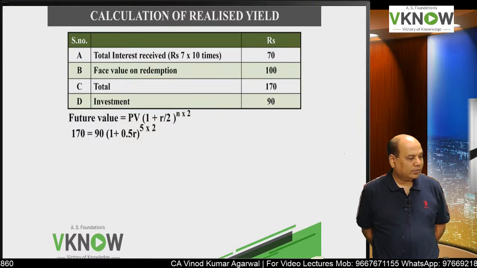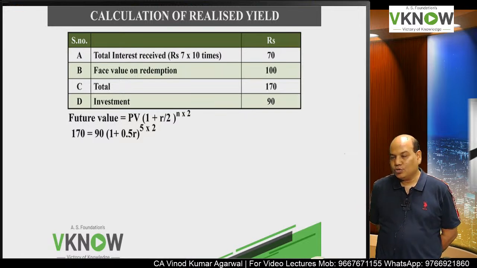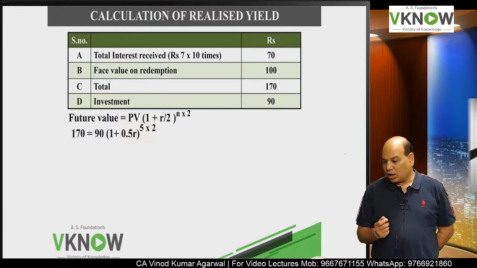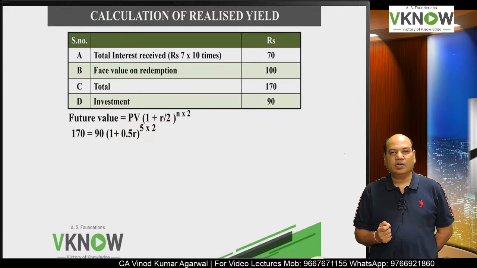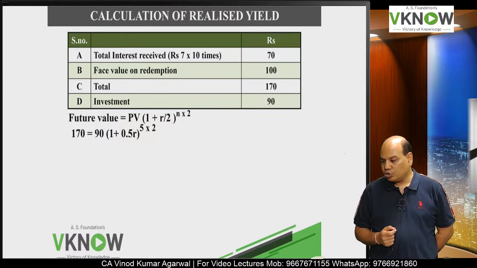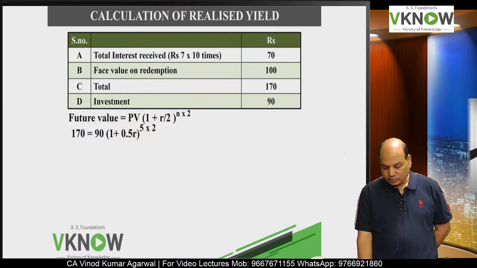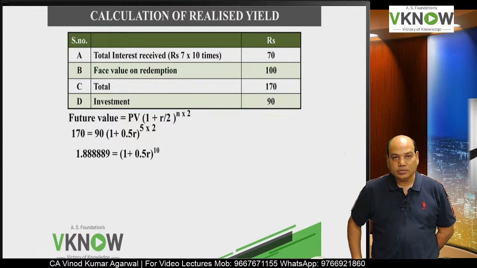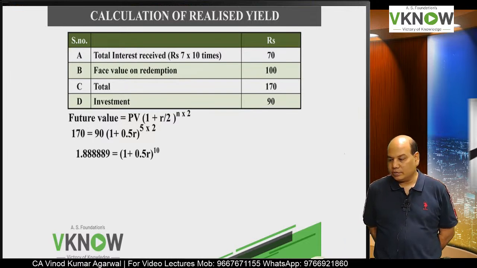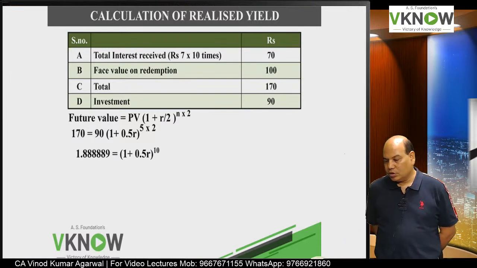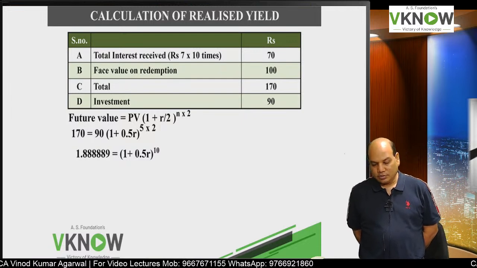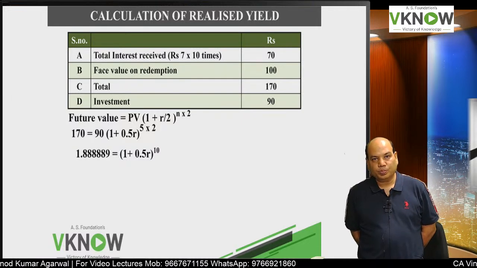170 equal to 90 into 1 plus r by 2 means 0.5 r. Power will be 5 into 2 means 10. So when you simplify, it will be like this. 170 by 90 is 1.88889 is equal to 1 plus 0.5 r to the power 10.